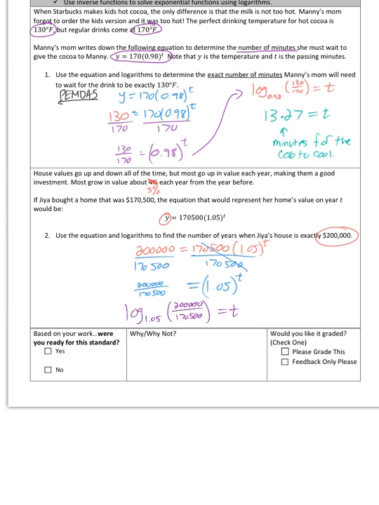And we seem to get, when we put this into a calculator, 3.2707 equals t. And that means the years until the value is $200,000.